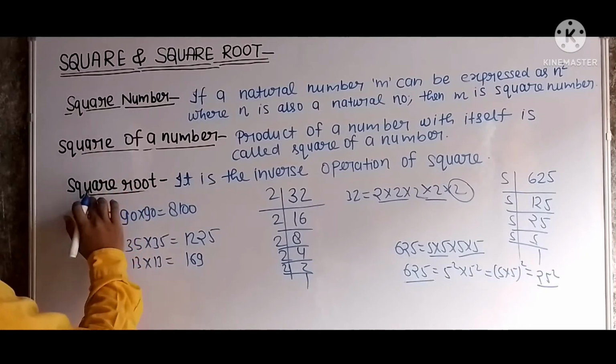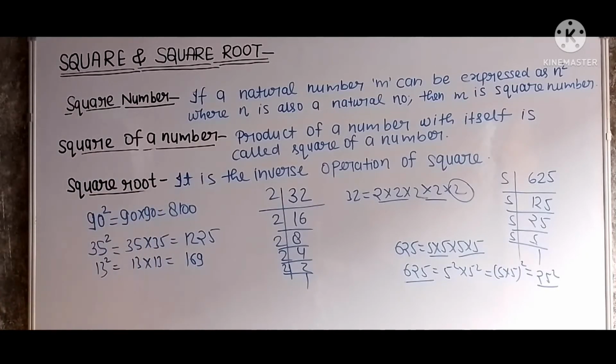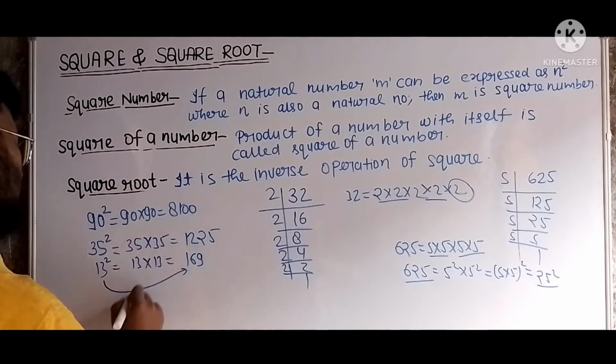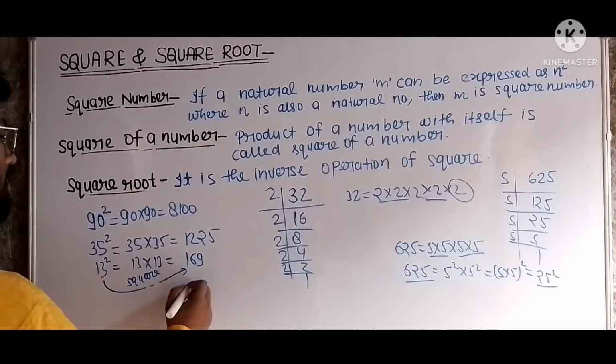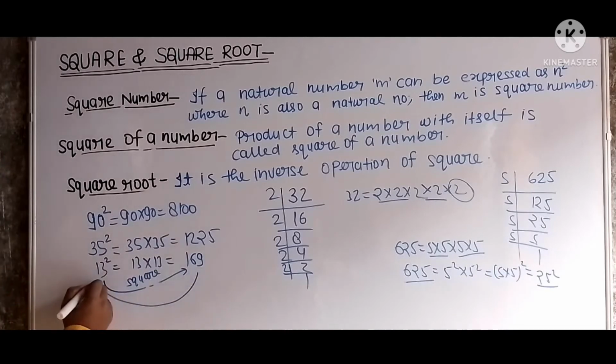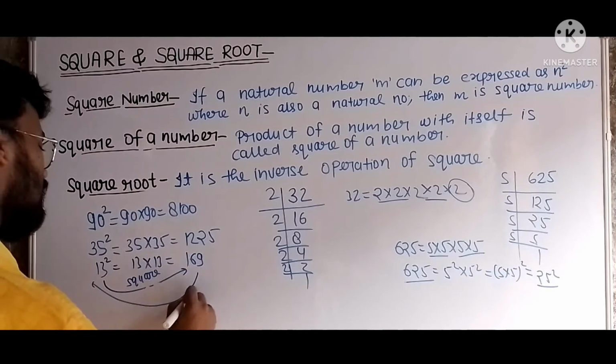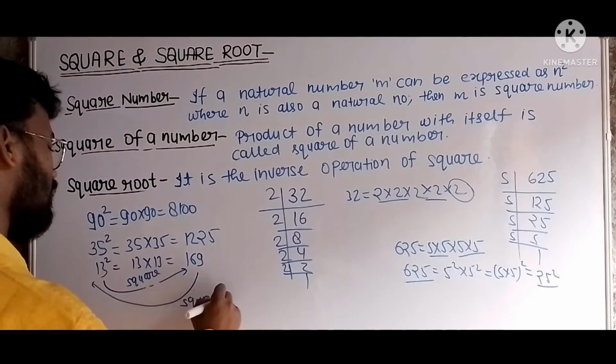Now what is square root? Square root is the inverse operation of square. That means here we are proceeding from here to here, that is square. Now in the step of square root, we proceed from here to here, and this is known as square root.